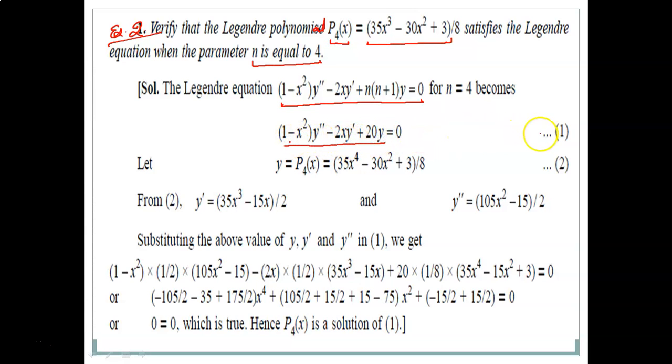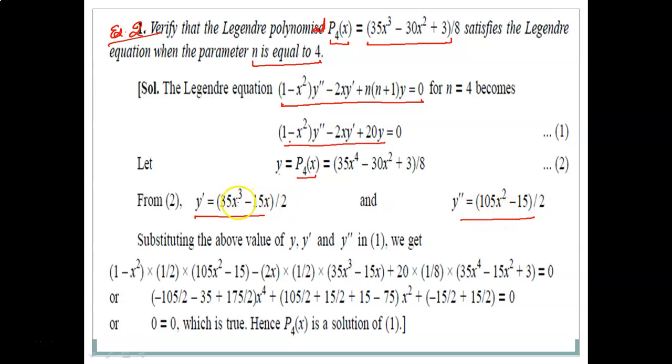We call it equation number 1. Now you want to show that P4 satisfies the Legendre equation, so you can consider that P4 is equal to y. Then you have to find y dash and y double dash. So y dash is this and y double dash is this.